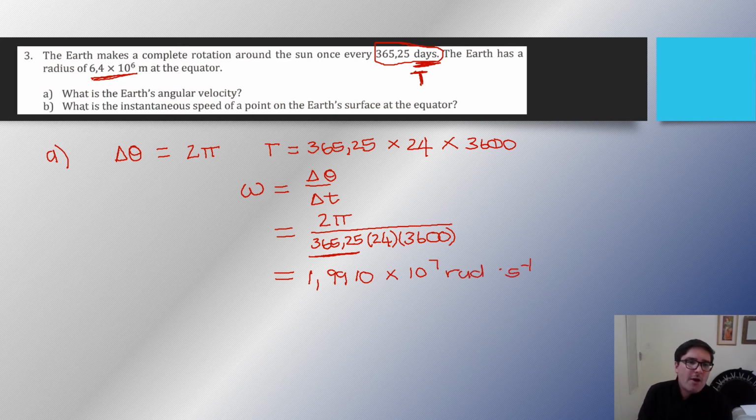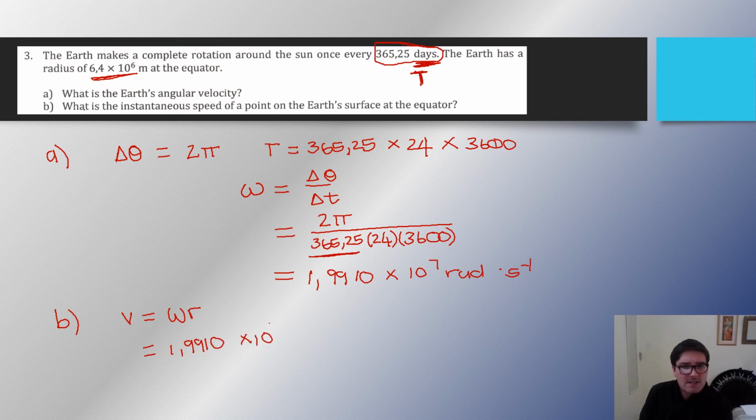Okay, and then they're asking question B, what is the instantaneous speed of a point on the Earth's surface at the equator? So in this case, we want the linear speed. Our relationship between linear velocity and angular velocity is given by the angular velocity times the radius. So for the angular velocity, once again, you won't use the rounded value here. You can use the value on your calculator even, because all of those actually had infinite significance.